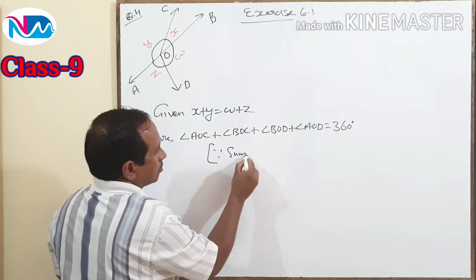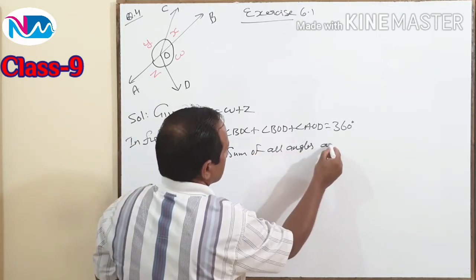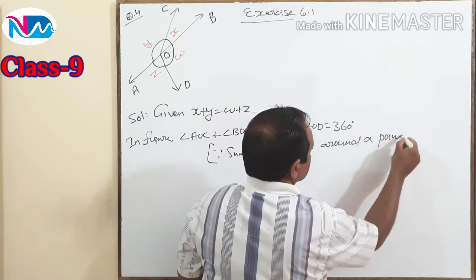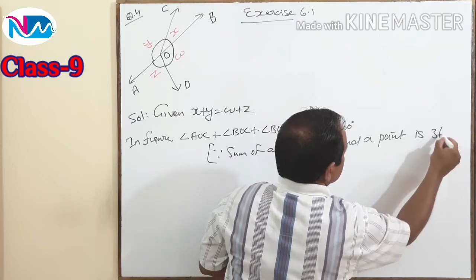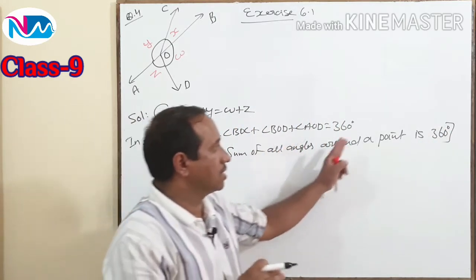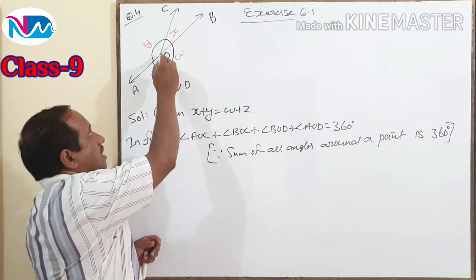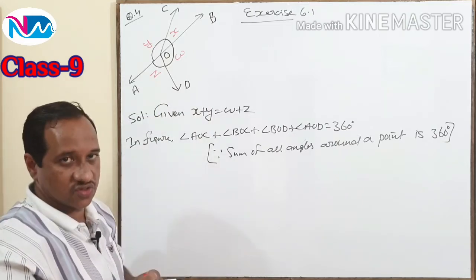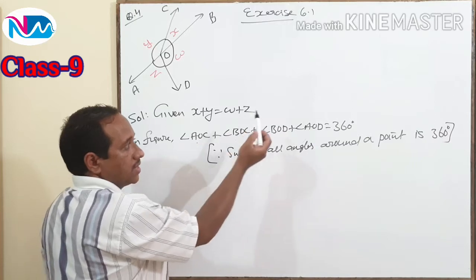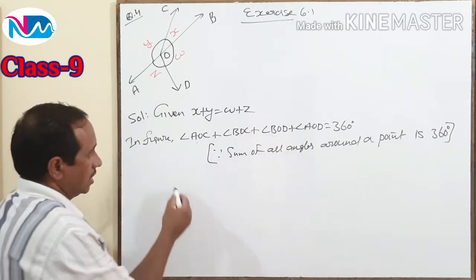Since the sum of all angles around a point is 360 degree, the sum of all angles around the point O is 360. Therefore, AOC plus BOC plus BOD plus AOD is equal to 360.